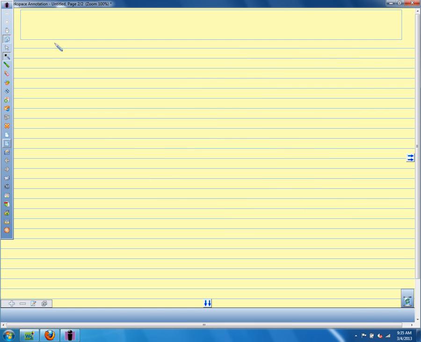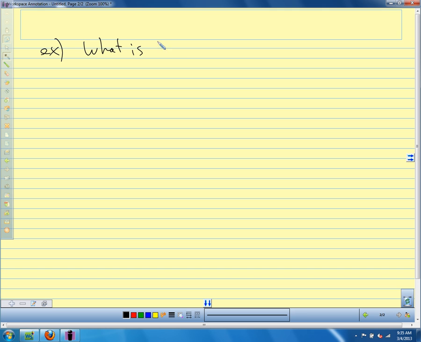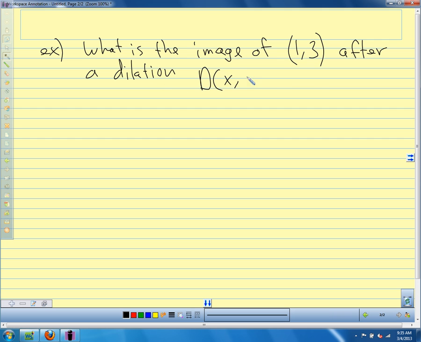Okay. So the problem might ask you, what is the image of the point 1,3 after a dilation, and D of x, y just tells us that's our dilation equals 3x, 3y.